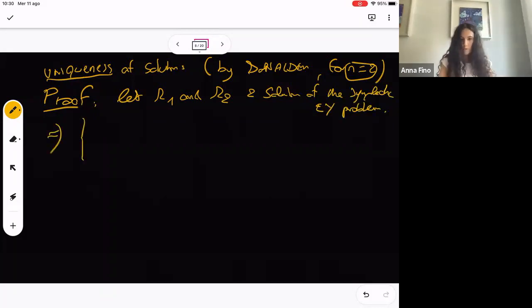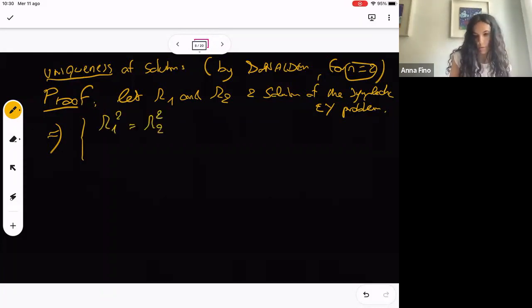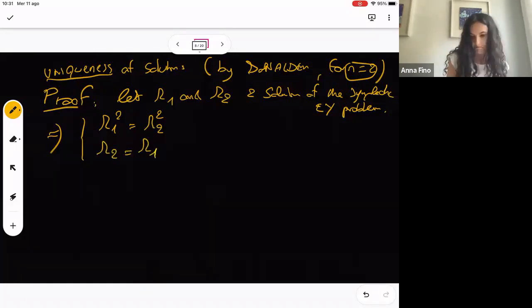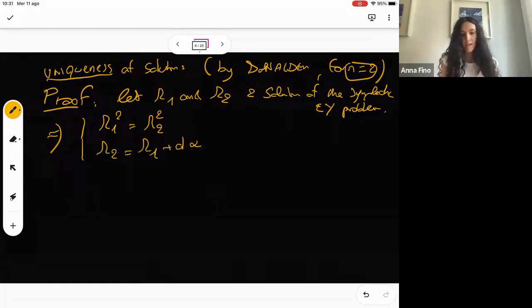What we have is the following. Let's write the condition that we have. Omega 1 and omega 2 induce the same volume, so omega 1 square is equal to omega 2 square in the wedge sense. And omega 2 and omega 1 are in the same de Rham class, so the difference will be an exact 2-form that I will denote by d alpha.